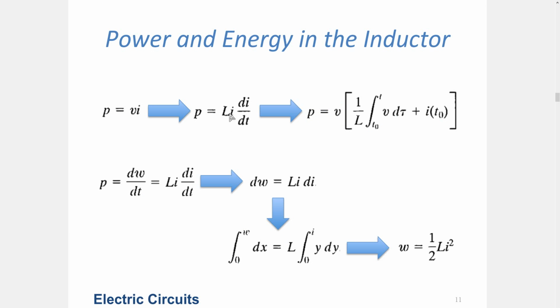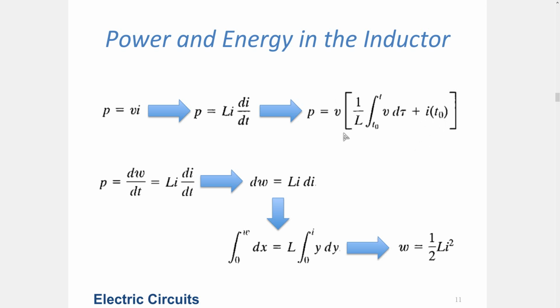So the power becomes L times i times di over dt. Now from here, I also know the current in terms of the voltage. I can substitute that here as v times 1 over L integral from t0 to tau plus i(t0). If it's non-zero, we have to include this initial condition constant if it exists. So the power relation can be obtained like this.